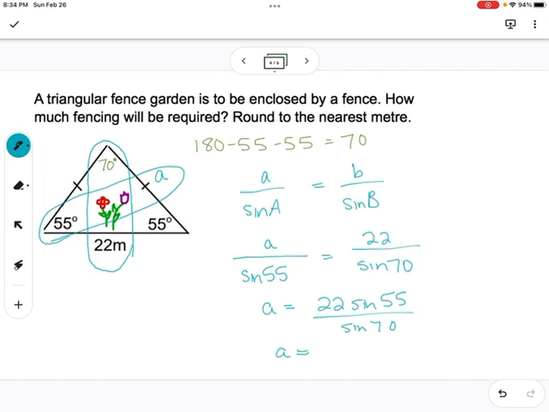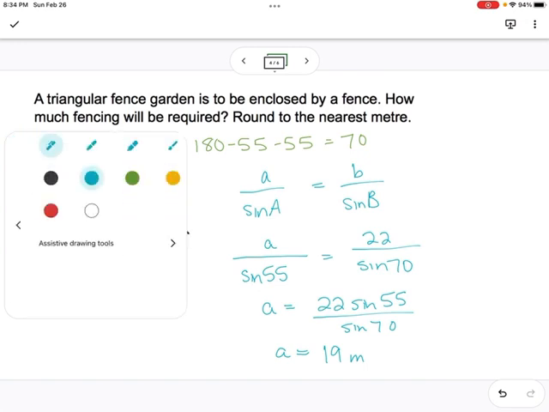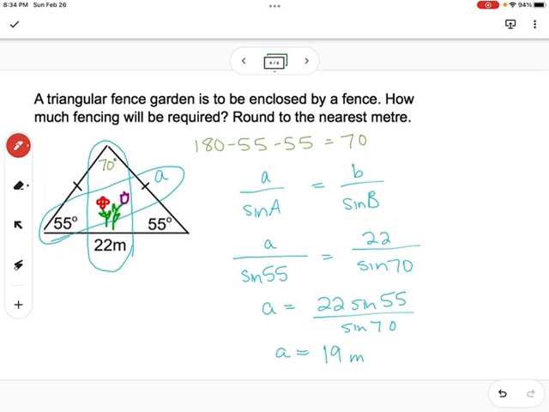Okay, in my calculator, I'm putting 55 sine times 22 equals, dividing that by 70 sine equals, and we get 19 meters. Okay, so the question's not only asking for the missing sides, it's asking how much fencing will be required. So we know that both of these sides are 19 meters.